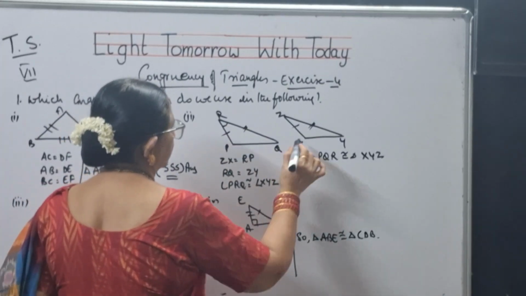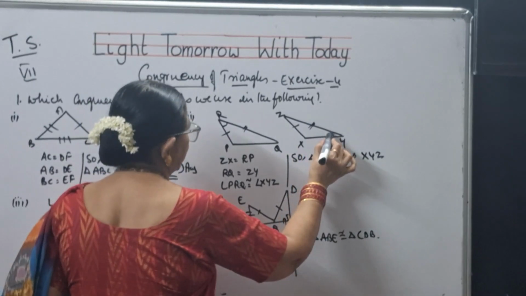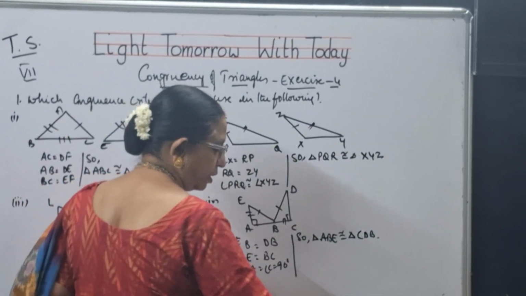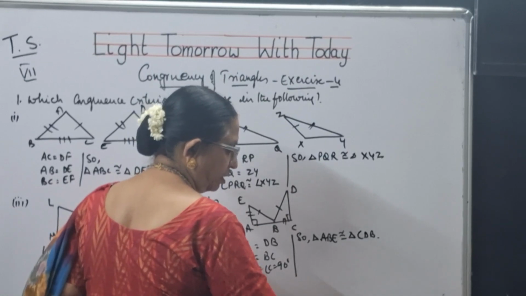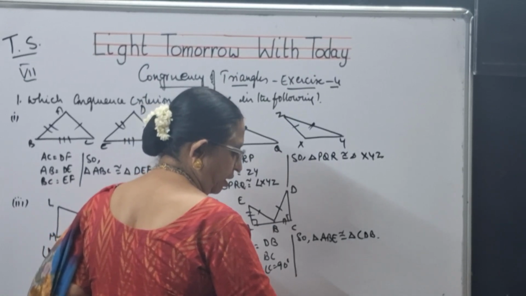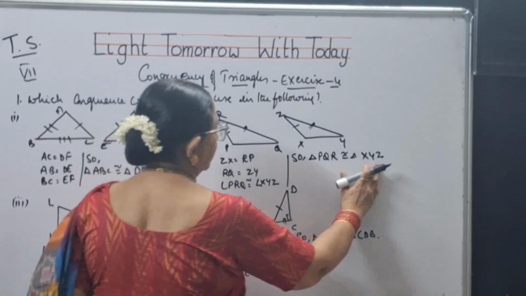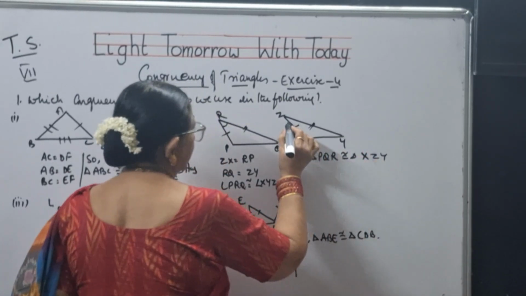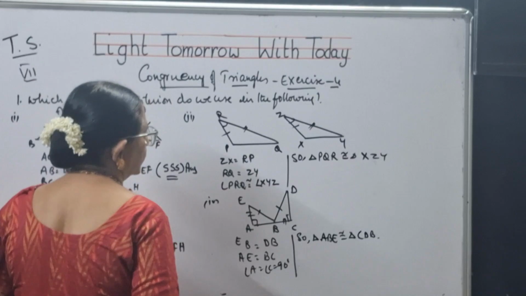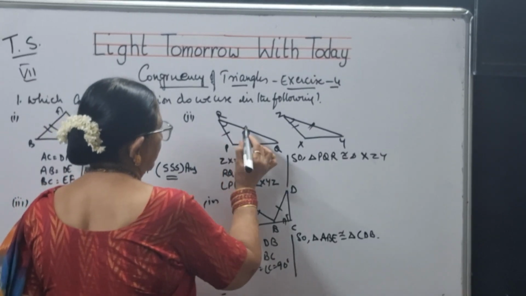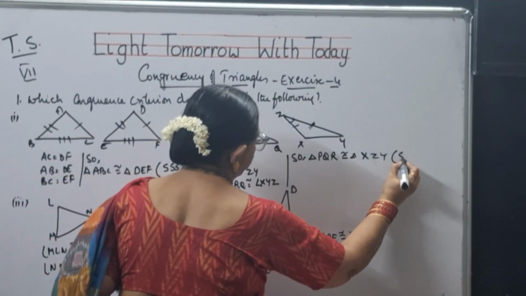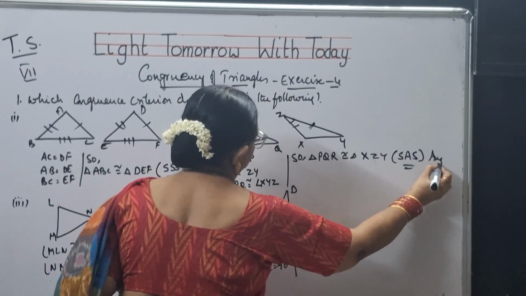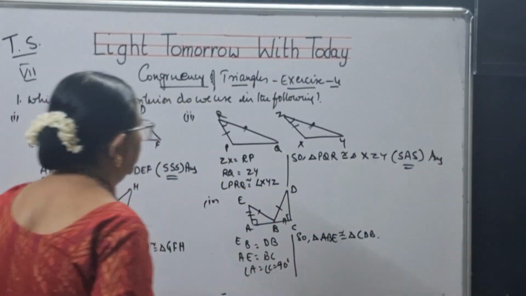Angle PRQ is equal to angle XZY, children. This is angle XZY. So side angle side property. So what is the property here? Side angle side property we are using. So this is one answer, children.